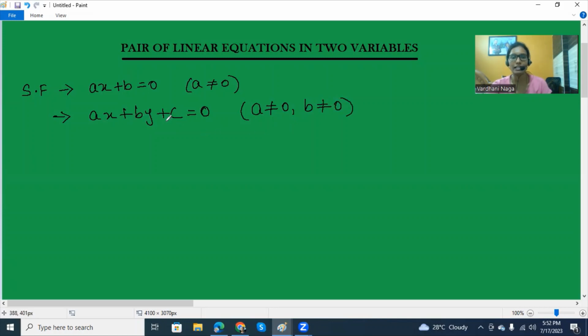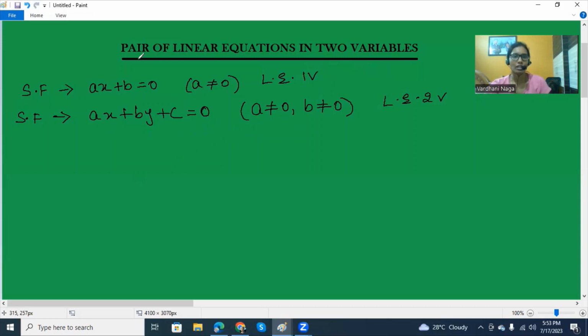This is the linear equation in two variables. Here x is one variable, y is another variable. This is the standard form of linear equation in two variables. This is linear equation in one variable.